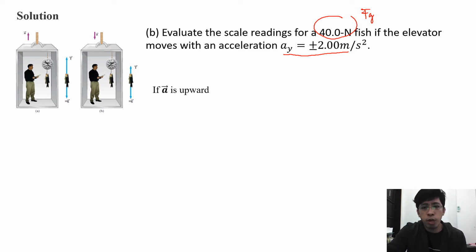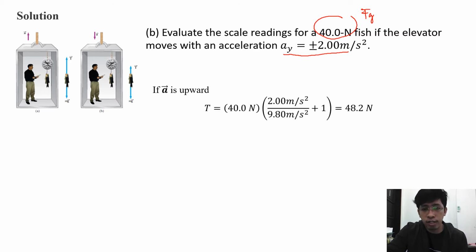If A is upward, you have plus 2 meters per second squared. And from the equation that we have derived for the tension, from the previous slide, your tension is equal to your Fg times AY over g plus 1. Okay, so that is the reading on the spring balance.